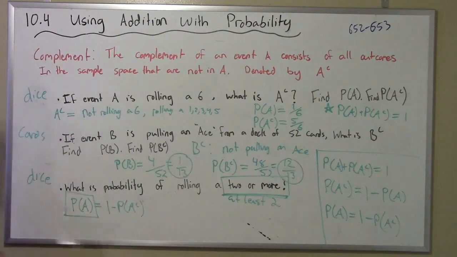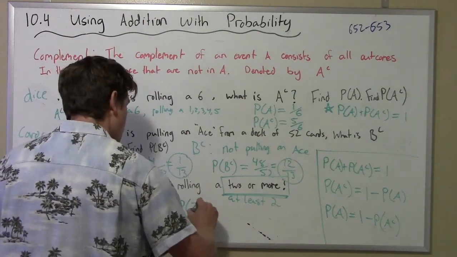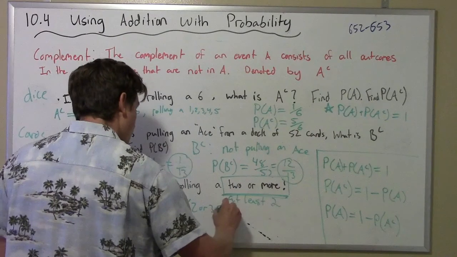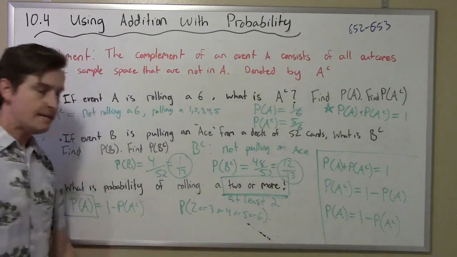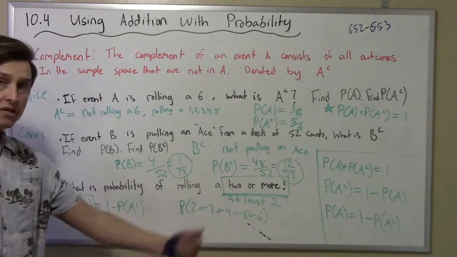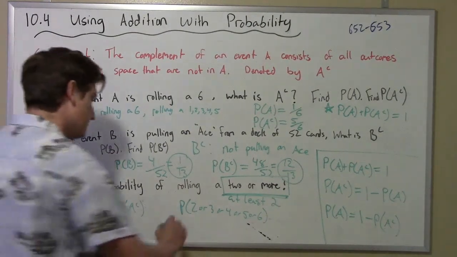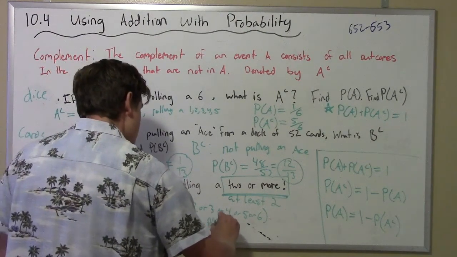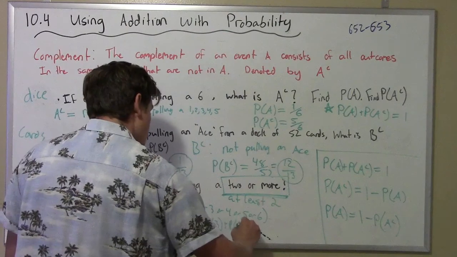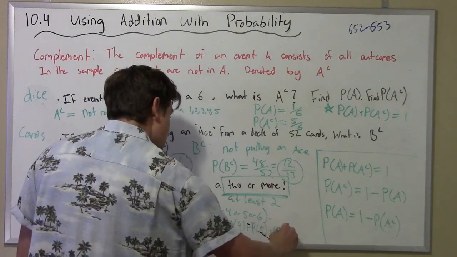Now the other way we could have done it is to just figure out how many different ways there are to roll a 2 or more. Well, that would be the probability of 2, or 3, or 4, or 5, or 6. Since these are disjoint, we don't have to worry about rolling a 2 and a 3 at the same time, because that can't happen. This is the probability of 2 plus the probability of 3 plus the probability of 4 plus the probability of 5 plus the probability of 6.